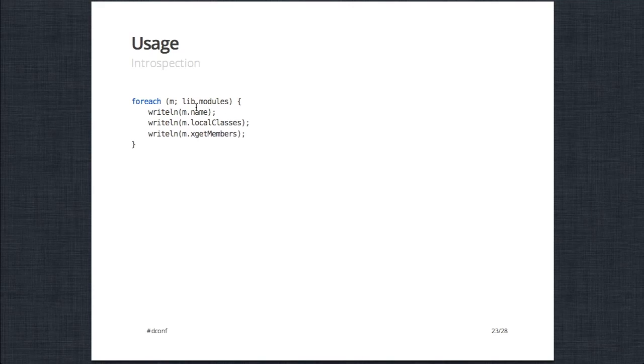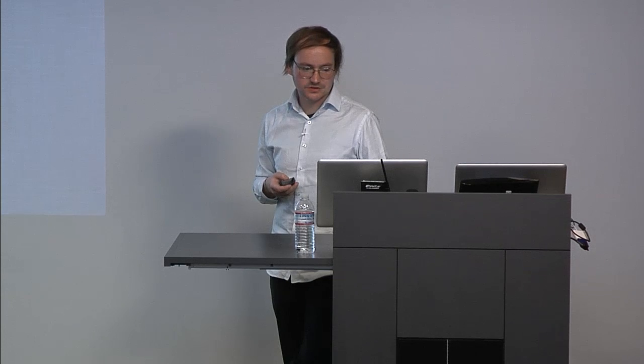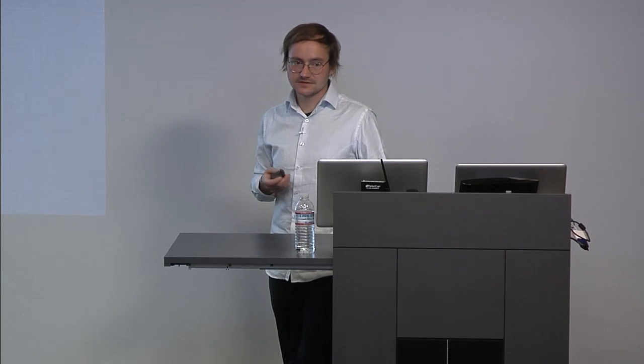So you can write the name of the module, you can write the name of the local classes, you can access the local classes, you can instantiate them if they have a default constructor. You can look up if they're implementing a certain interface, if they have a base type. All of this is already supported through the module info declaration, so there's not much need to improve here, I guess.